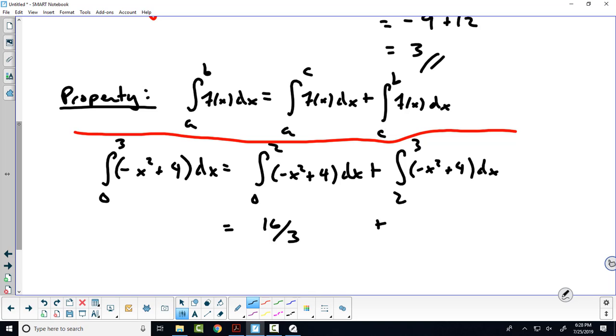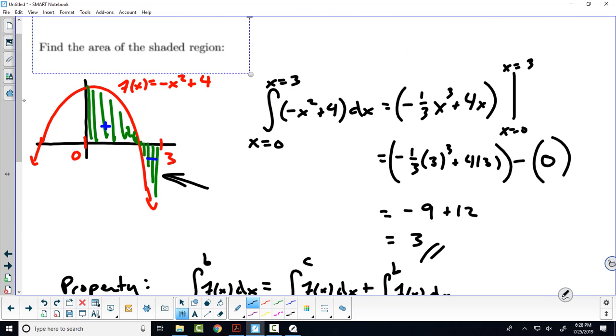Okay, so this was 16/3, and then in fact we could figure out what this would be, because we got 3, so it would have to be 9/3. So what would that have to be? Help me out, folks. Because when you add them together, you get the 9/3, or the 3 that you were supposed to. So rather than finding the total net area, we already found out that was 16/3.